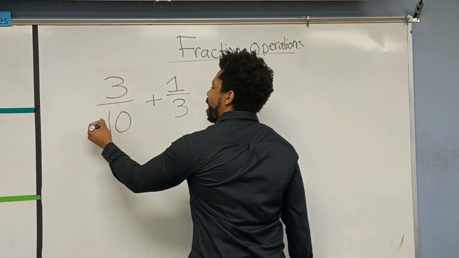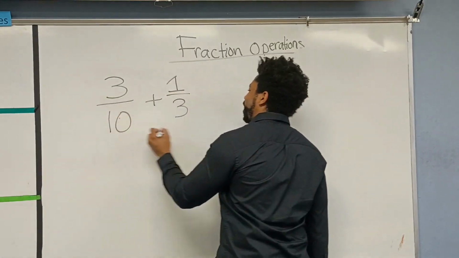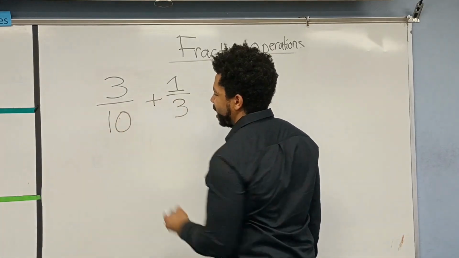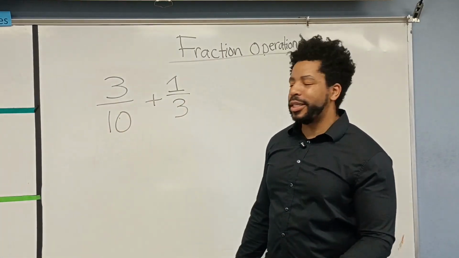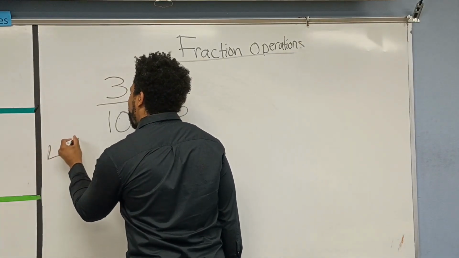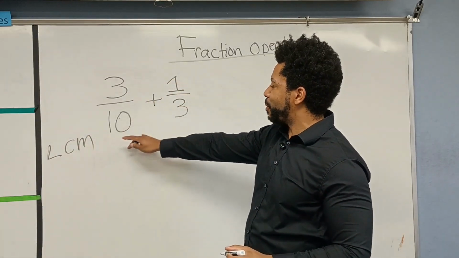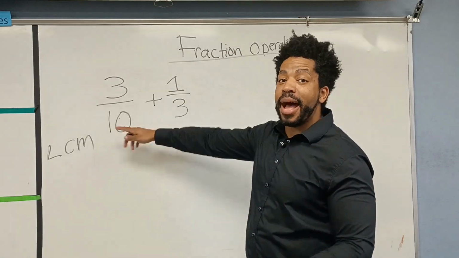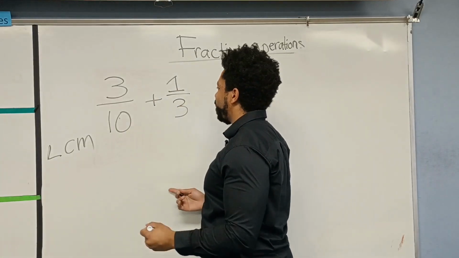Okay, so now what you're going to do here is we need to get the same denominator here and here. And the way that you're going to do that, you are going to use what we call the least common multiple. You're going to do the least common multiple or least common denominator because they're denominators. Okay, those are the same thing.